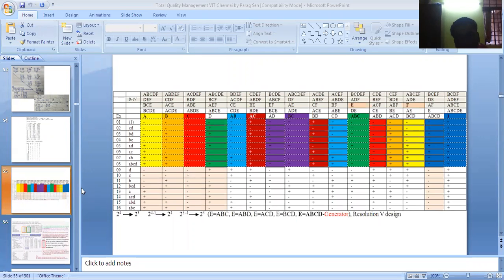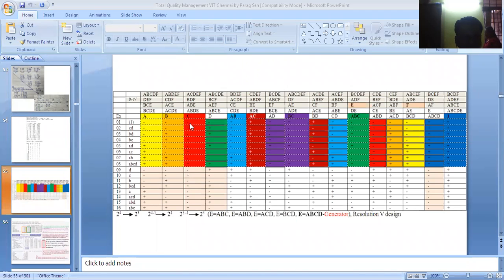So what you will get here, you can see that I have already told you it is a better practice to change two factors simultaneously. So here you can see that in these 8 runs, you are changing two factors simultaneously.